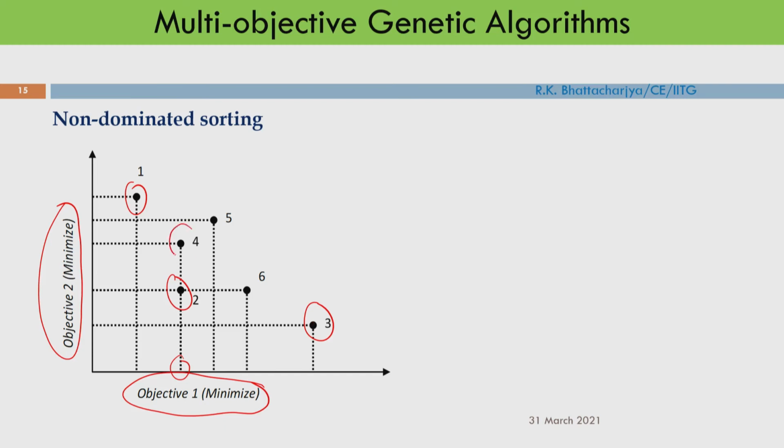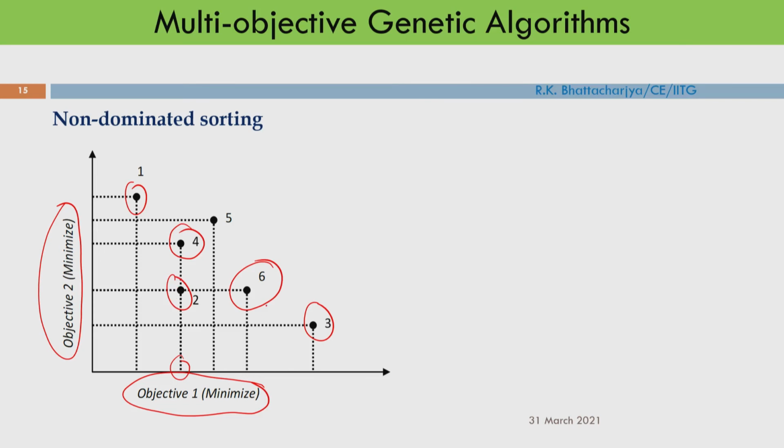Now, let us see solution 4 and solution 2. In this case, solution 2 is better than solution 4 in objective 2, and solution 2 is not inferior to solution 4 in objective 1. So, solution 4 is dominated by solution 2, or you can say that solution 4 is a dominated solution. Similarly, if I compare solution 6 and solution 2, solution 2 is better than solution 6 in objective 1, and in objective 2, solution 2 is not inferior to solution 6.